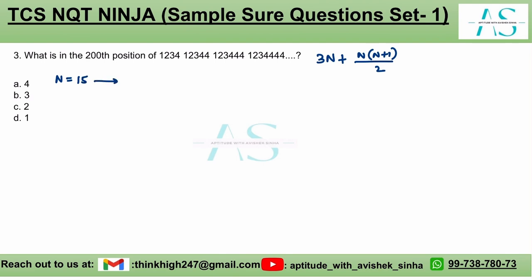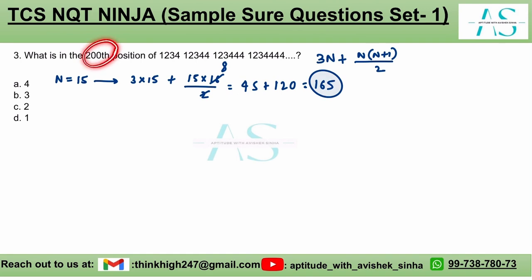Putting it in the formula 3n plus n into n plus 1 by 2, this is 3 into 15 plus 15 into 16 by 2. This is 15 into 3, 45, plus 15 into 8, 15 into 4 is 60, this is 120, it is 165.